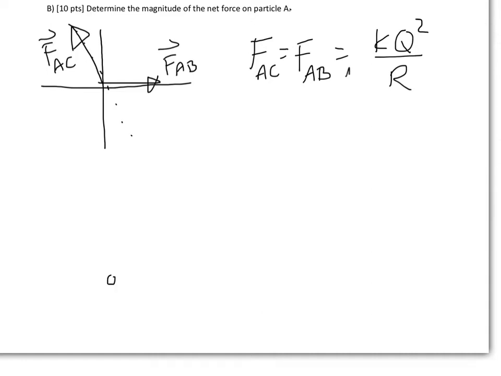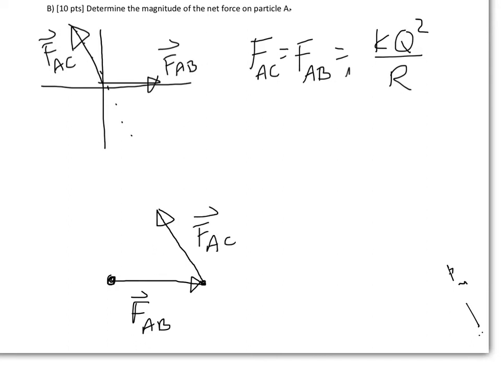Let me add them head to tail. So let me start off with FAB, and then let me draw FAC. Now what do we know about that? That's roughly the right direction.